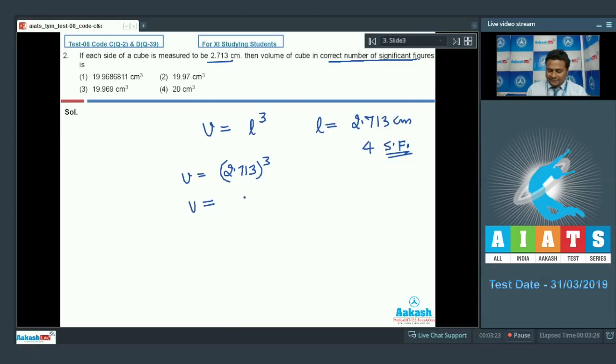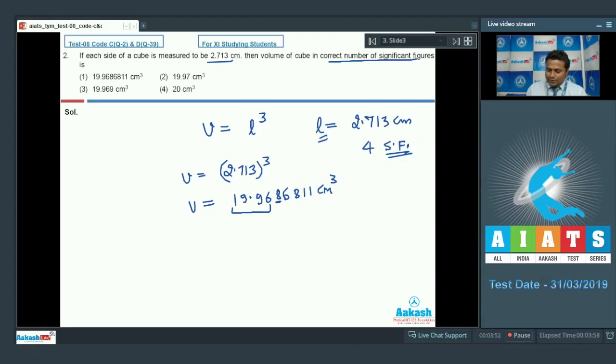If we calculate it, we will find that 2.713 cube equals 19.9686811 centimeter cube. Now L has 4 significant digits only, so the result must also have 4 significant digits only. So we have to round it off up to 4 significant digits.